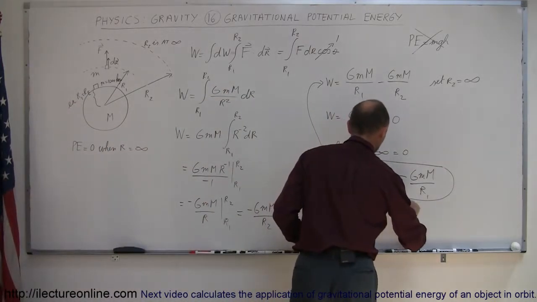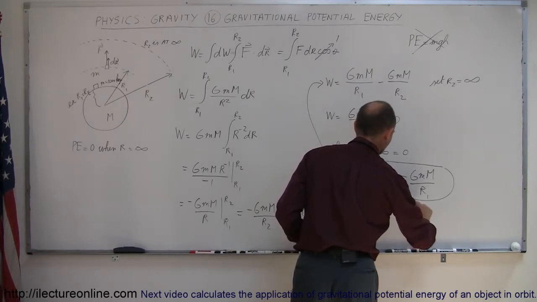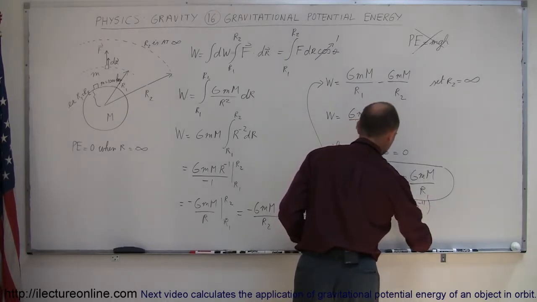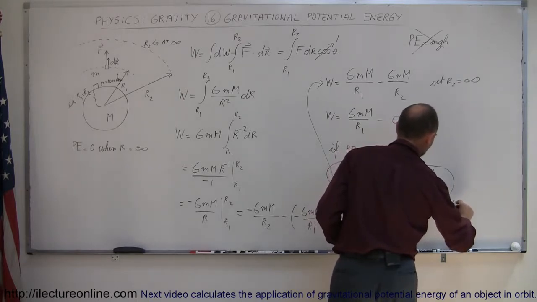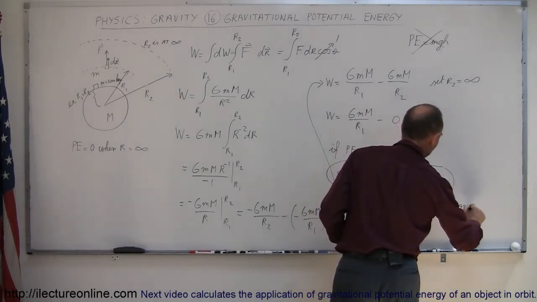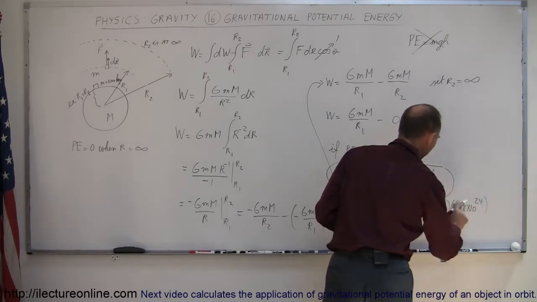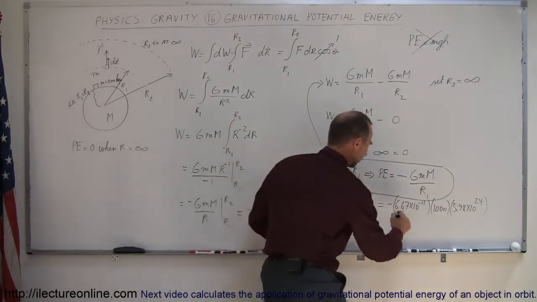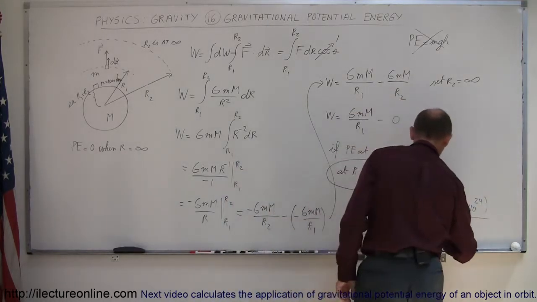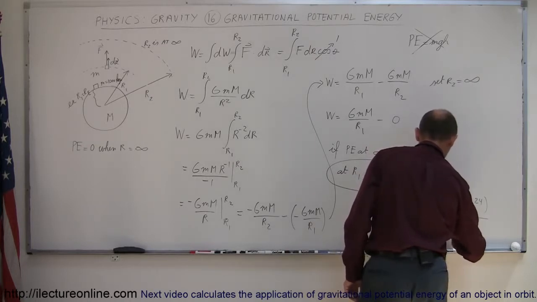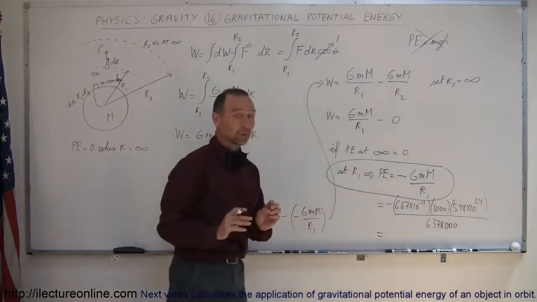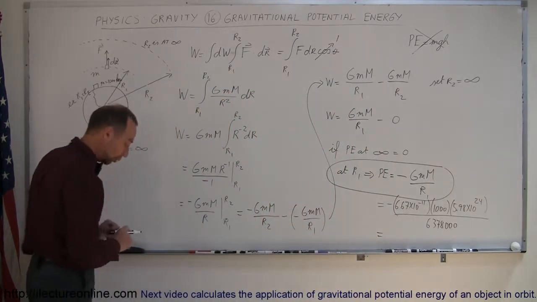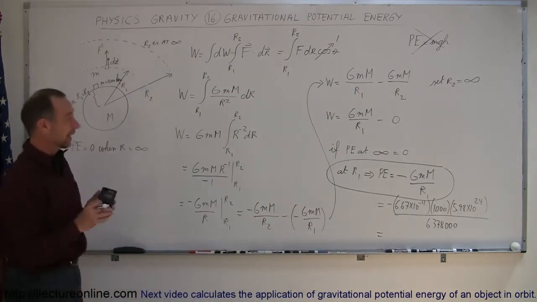So this is going to be equal to minus G, which is 6.67 times 10 to the minus 11, times the small mass, which is 1,000, times the big mass of the Earth, which is 5.98 times 10 to the 24th. Notice I left off the units because I'm running out of room. Divided by the radius of the Earth, which is 6,378,000. That's in meters. And of course, the units of that will then be joules, because we're talking about potential energy. Looking for my calculator.